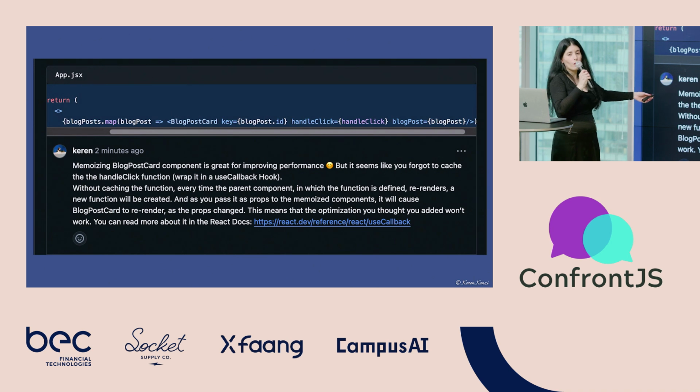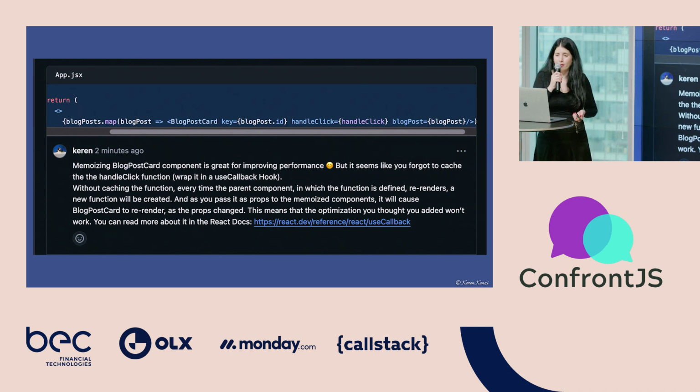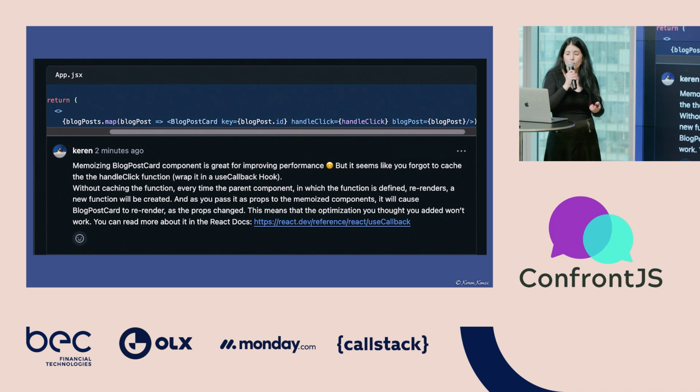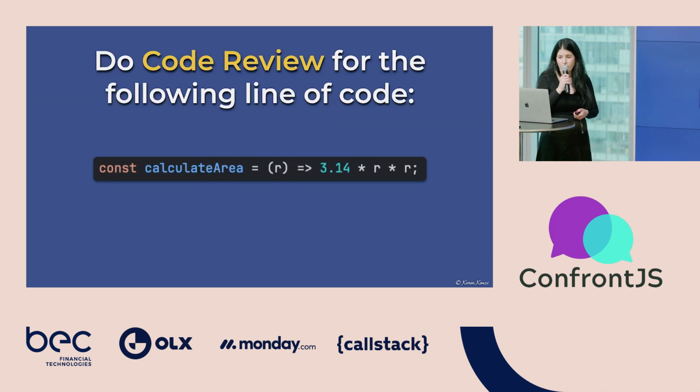I can leave a nicer and respectful comment explaining how the memoization works, why it can work better, what you forgot, and add even additional references to the documents that will explain it in the PR. So we can really leverage the PR to be kind of mentors to other teammates, to improve their skills, to improve their knowledge, and take it as an opportunity.